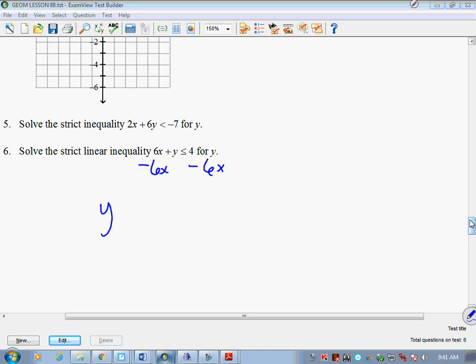Okay, so I get y is less than or equal to negative 6x plus 4. Did I need to change this sign? No. Do I need to do anything else to this? No, right? It's in y-intercept form. Y is less than or equal to negative 6x plus 4. That concludes this lesson. You guys should have the next 8 minutes to work, something like that.